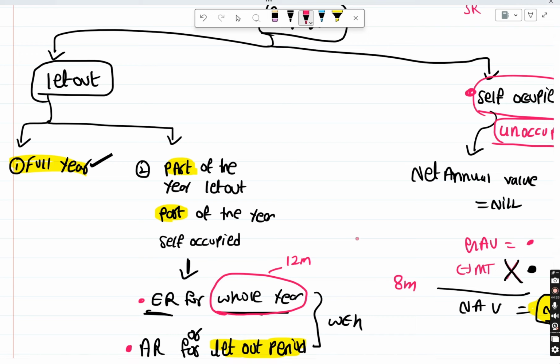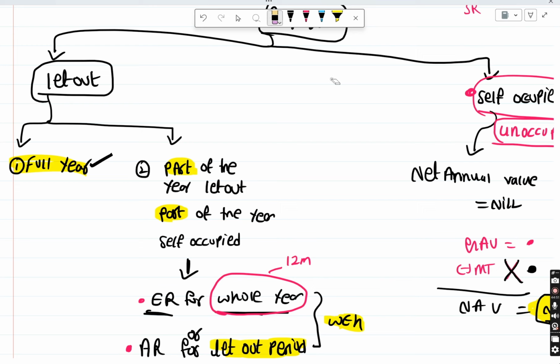Which one will be bigger normally? Expected rent only will be bigger, right? Because you did not give let out for the entire year. Normally expected rent will be the bigger one. But we are taking whichever is higher, so we are taking the bigger one.